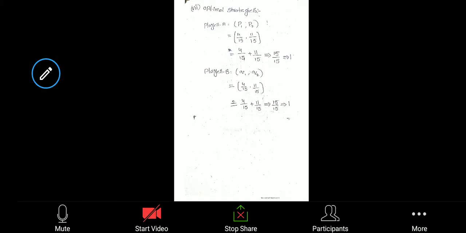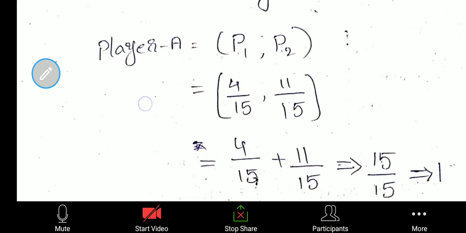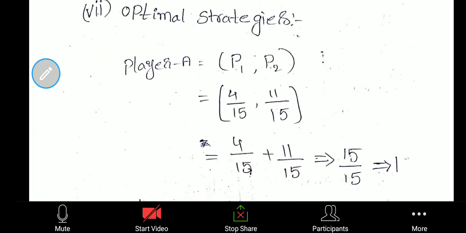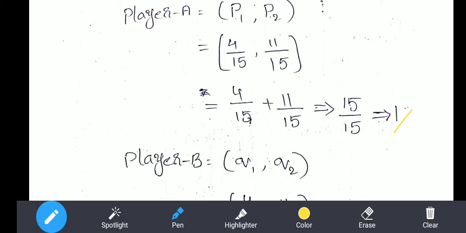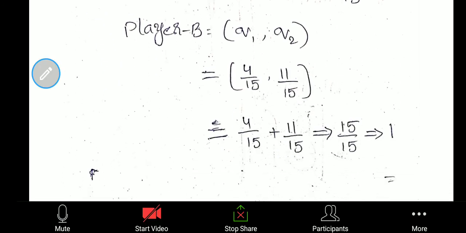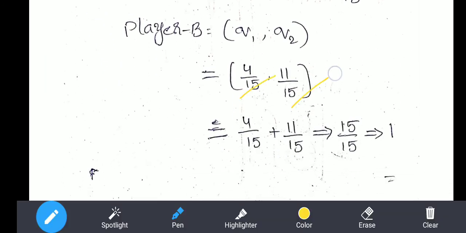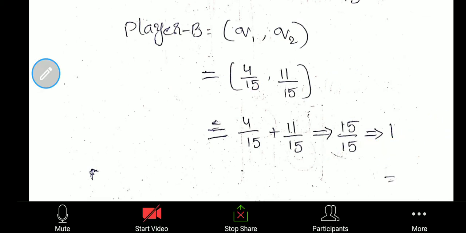Next is finding the probabilities of the two different strategies, that is 4 by 15 and 11 by 15. The sum of these two equals 1. In the same way for Q1, Q2 also, the sum of these two different strategies, 4 by 15 and 11 by 15, will be equal to 1. These values were calculated on the previous page.